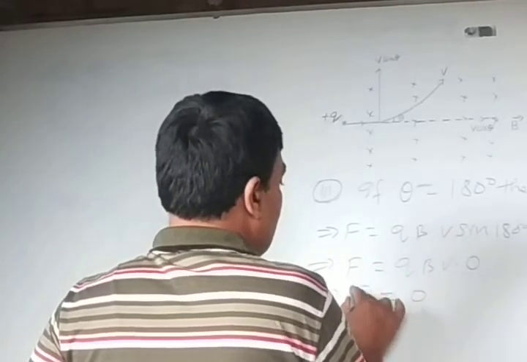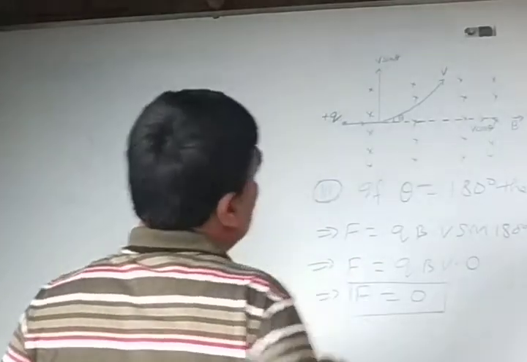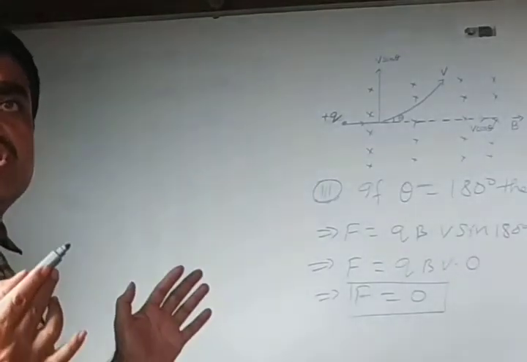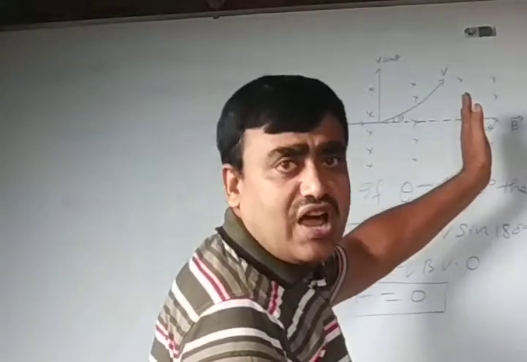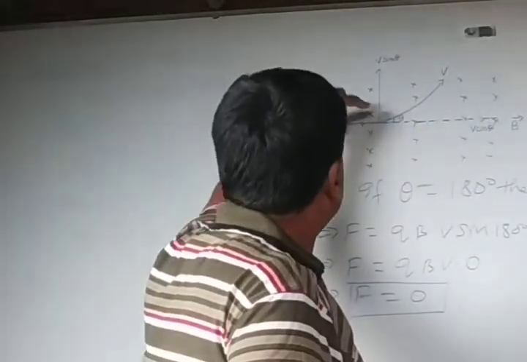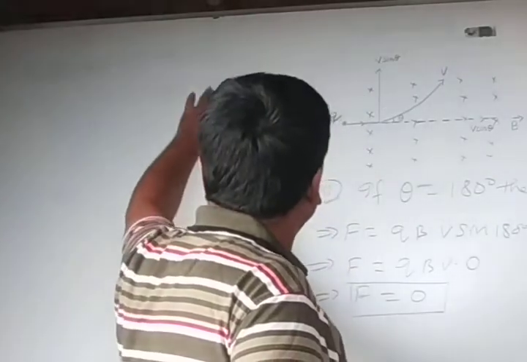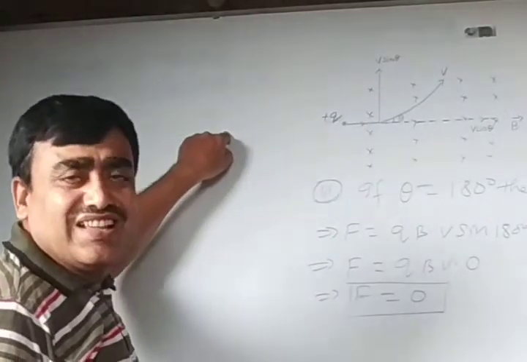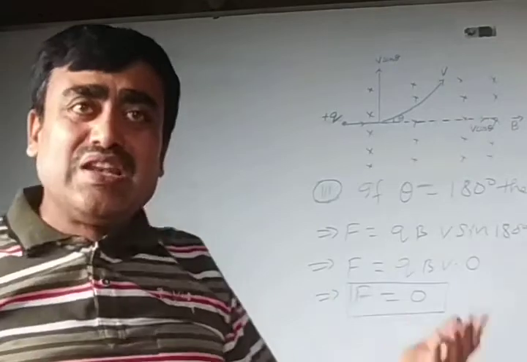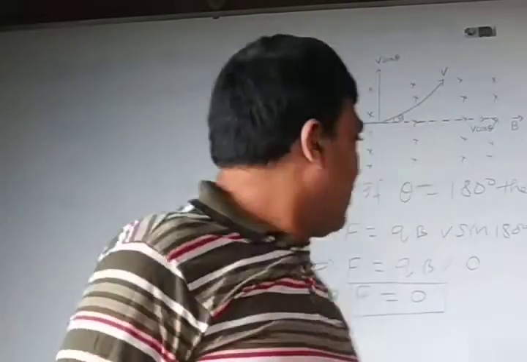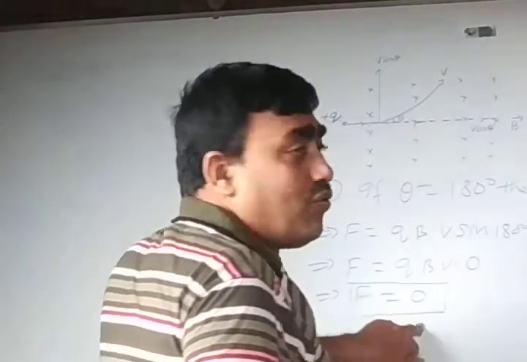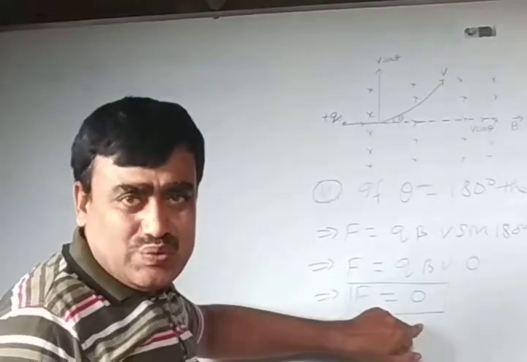Therefore, F is equal to 0. Hence, in this case, the acting force is 0 also. Magnetic field is on the right side and the velocity of the charged particle is on the left side. Therefore, there is no interaction between the velocity of the charged particle and the magnetic field. Hence, the acting force will be 0.